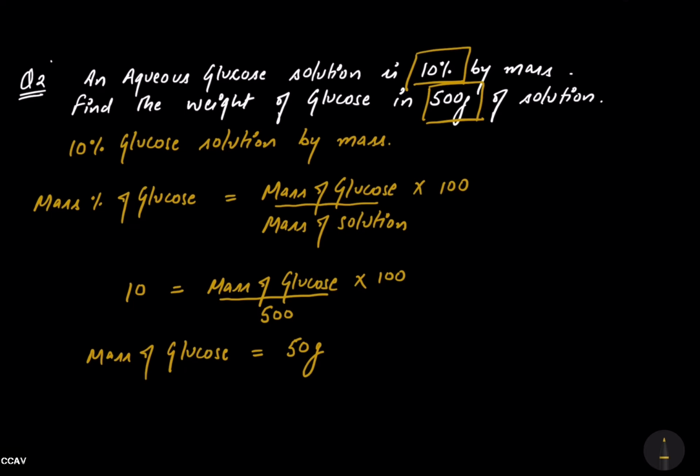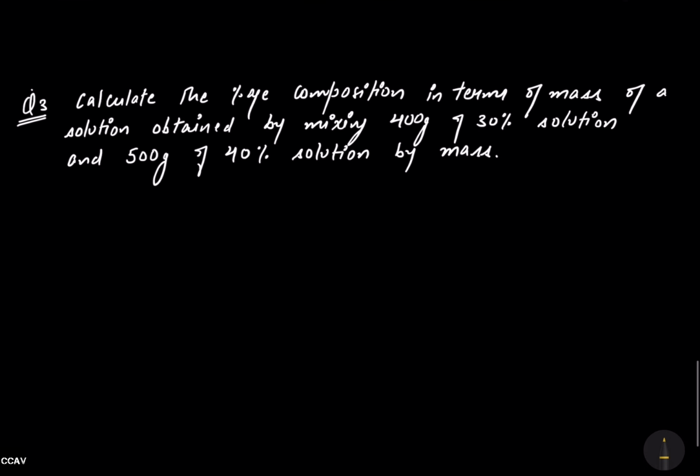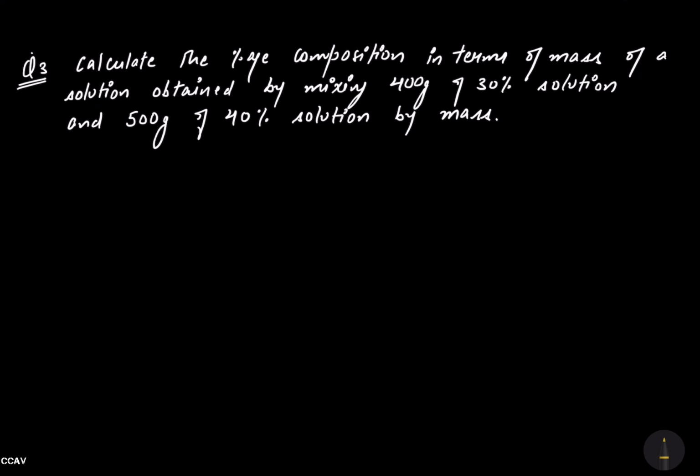So now I am moving to the third numerical. Now this is a very unique case. It's a unique numerical. The third question is saying: calculate the percentage composition in terms of mass of the solution obtained by mixing 400 grams of 30% solution and 500 grams of 40% solution. In this question, two solutions are given.